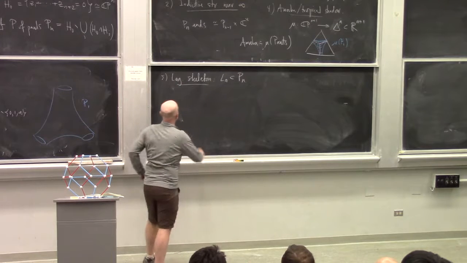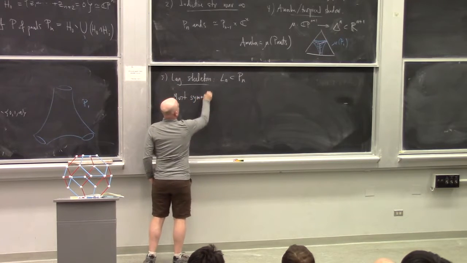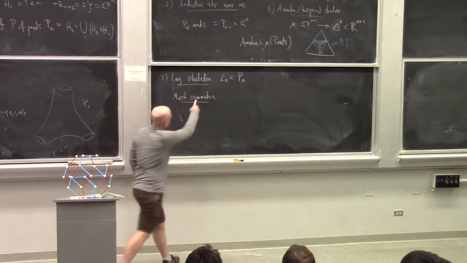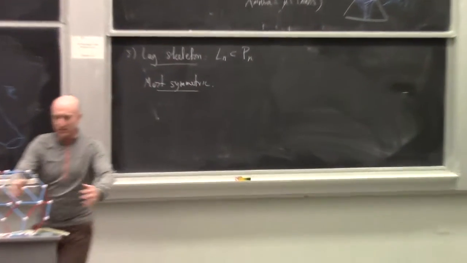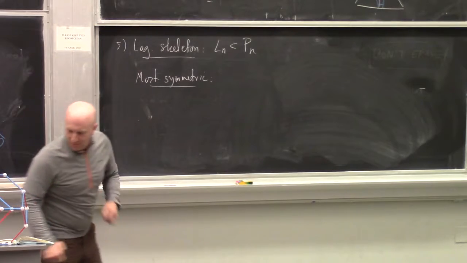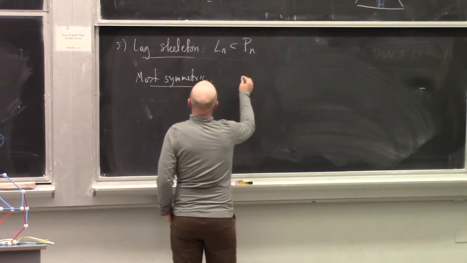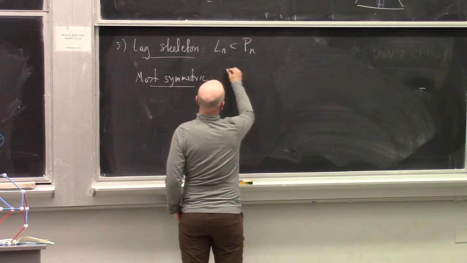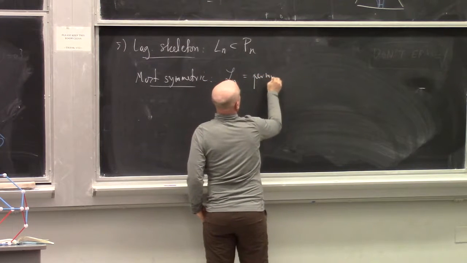There are many different choices, but there's a most symmetric choice, which I'll call Ln. Let me explain what I mean. Inside Rn, there's something called a permutahedron. Let Ln be the permutahedron.